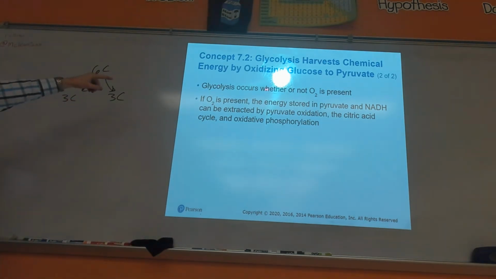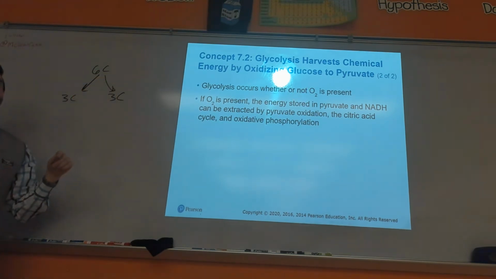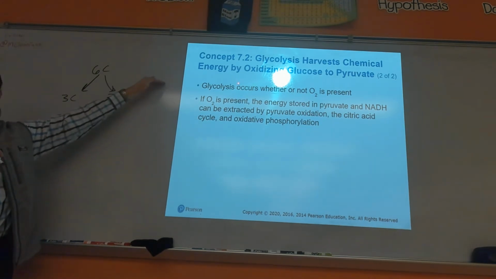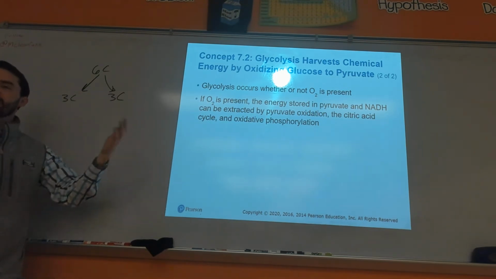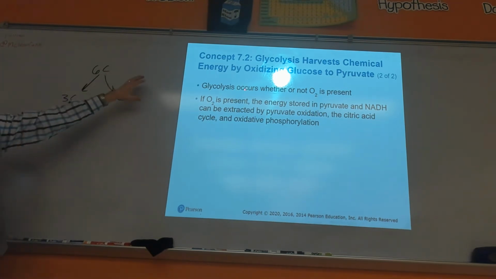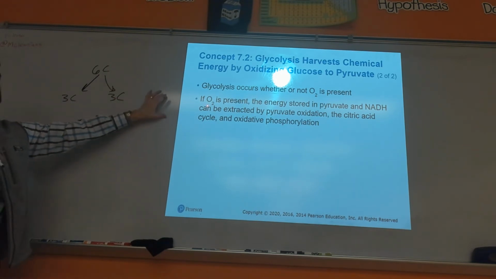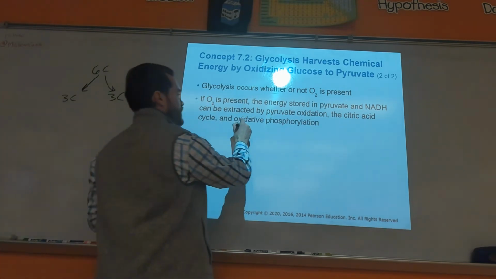Okay. Glycolysis occurs whether or not oxygen is present. Meaning, whenever we go over fermentation, you only do glycolysis when we're doing fermentation. There's some other things that will happen after that to process the waste. But if oxygen is present, then we can do the oxidative phosphorylation.